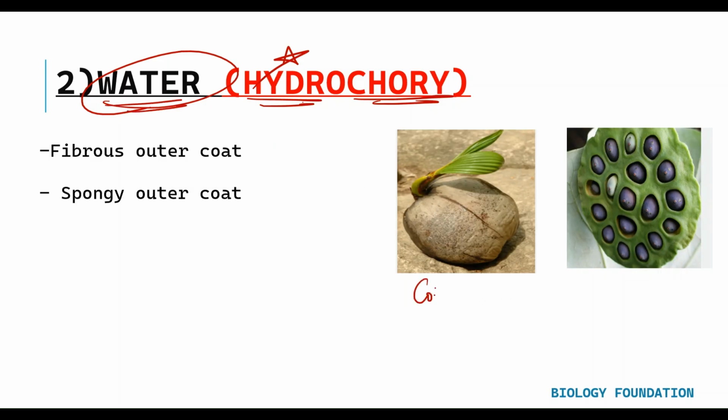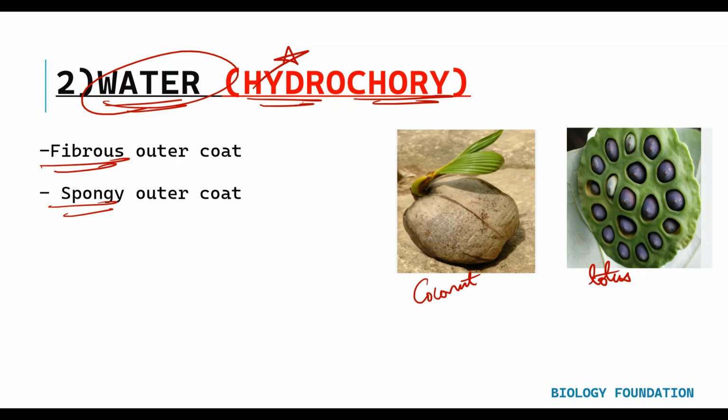Examples are coconut and lotus. In coconut, the outer coat of the seed is usually fibrous, and in lotus, the outer coat is spongy. The spongy nature of the outer coat of lotus seeds helps them to float on the water body, as a result of which, with the help of water currents, the seeds get carried away to various regions of the globe.